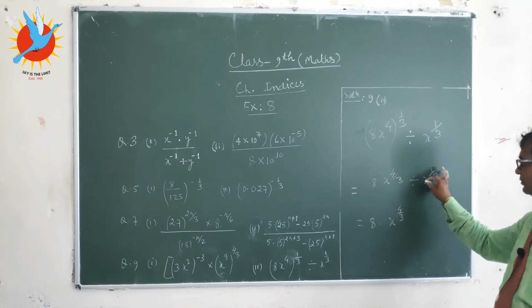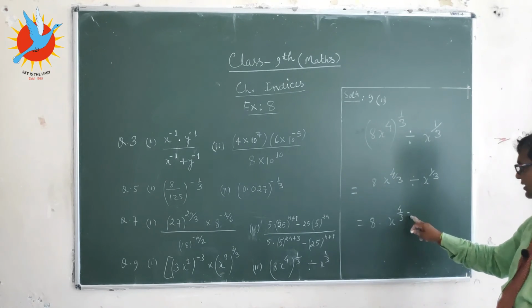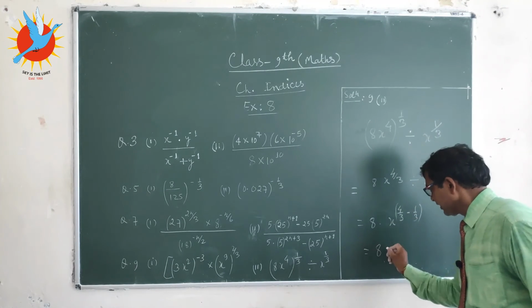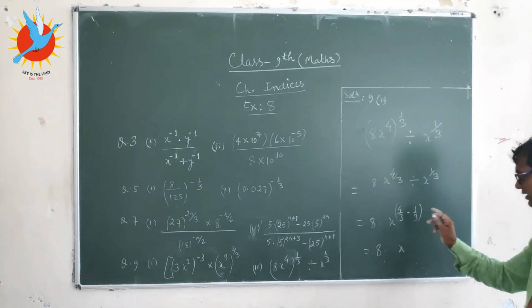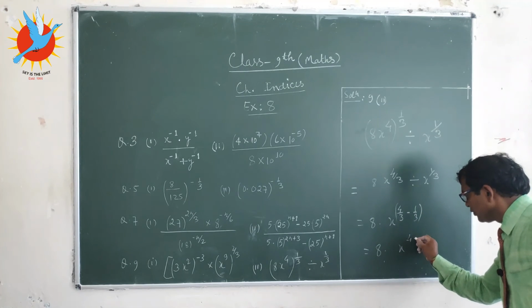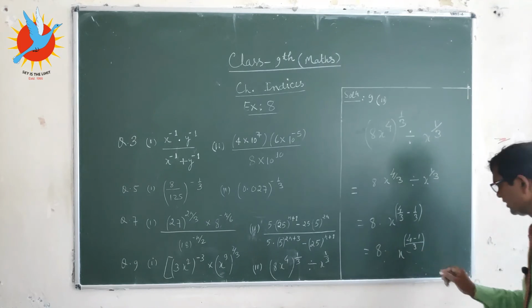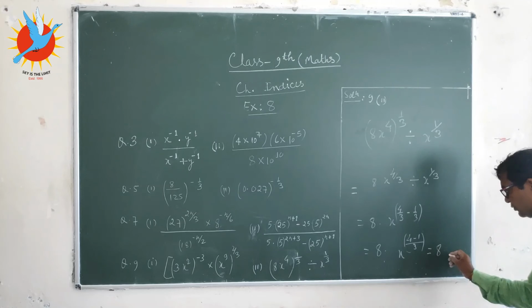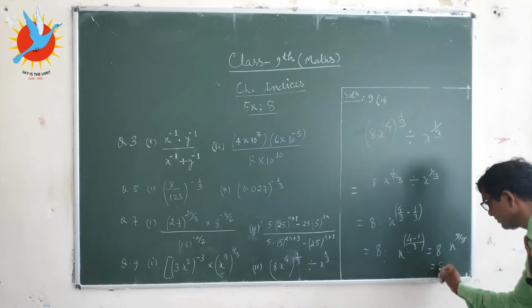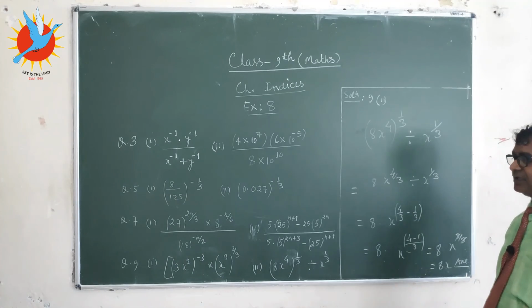If you divide this by this, then we have 8 into x to the power 4 by 3 minus 1 by 3, and this can be written as 8 into x to the power, here denominators are the same, so numerators can be subtracted. This will be 4 minus 1 upon 3 as the power of x, and this can be written as 8 into x to the power 3 by 3. This will be cancelled out. Here we have 8x. This is the final answer of the second part of question number 9.